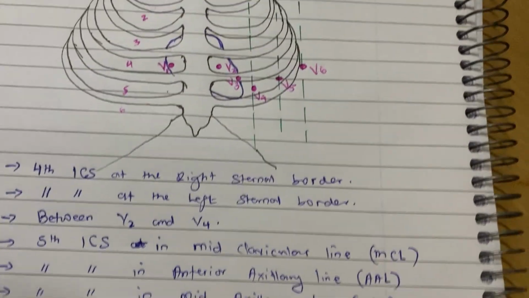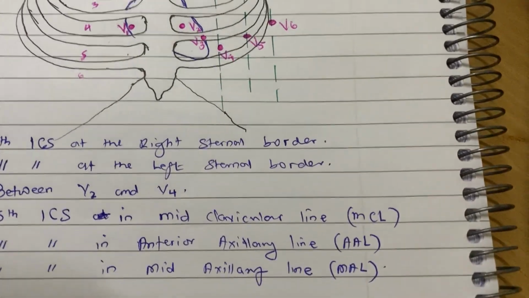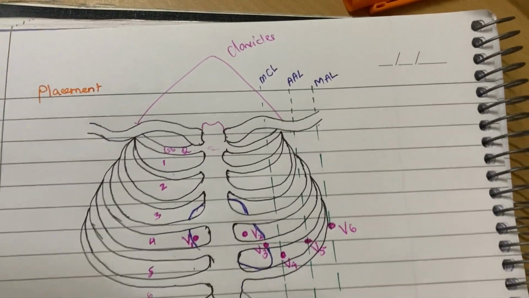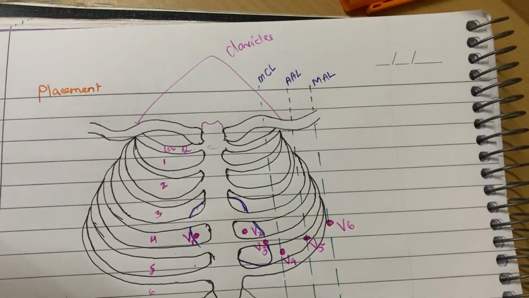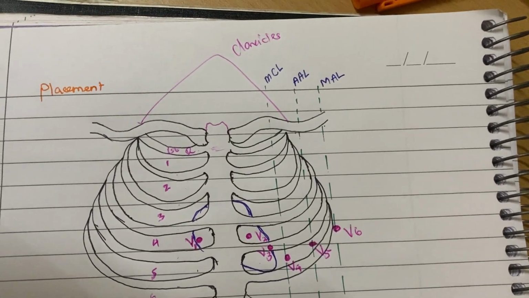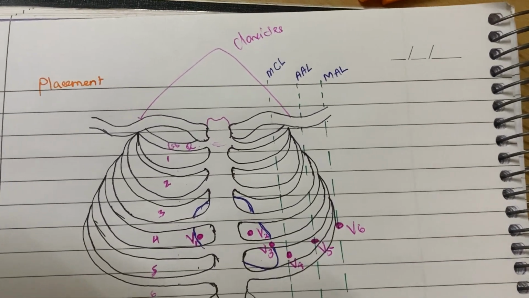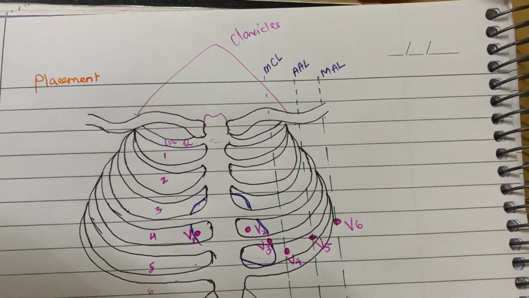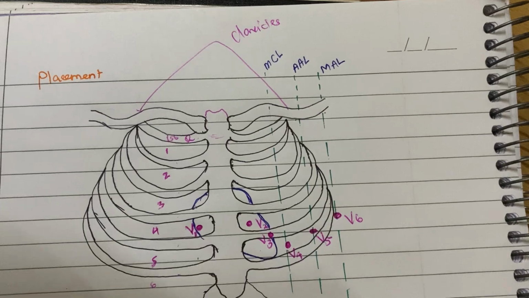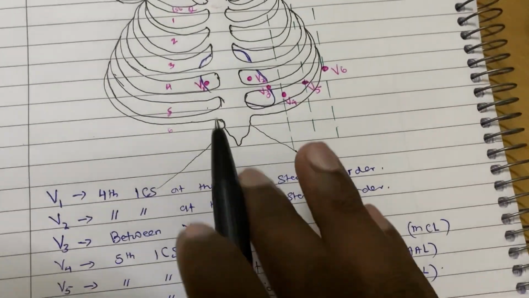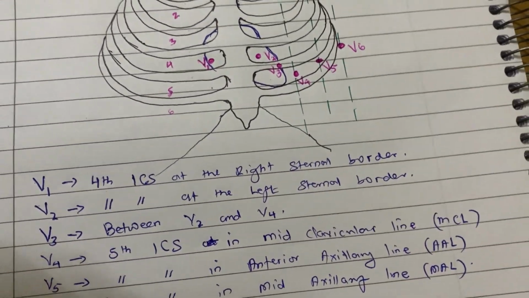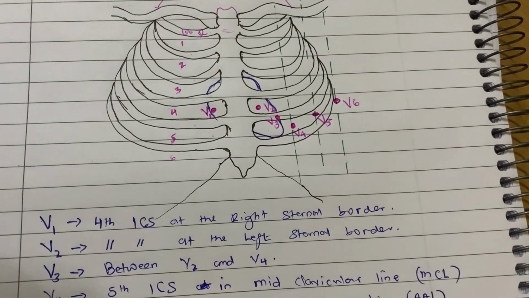We have placed them. When you have a patient, I think I'll record a video demonstrating how we actually place these. Here on the paper, it's just for answering exams. If a question comes, placement of precordial leads, you have to draw something like this and then write this. Simple.